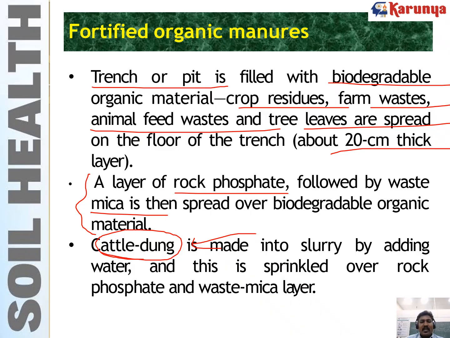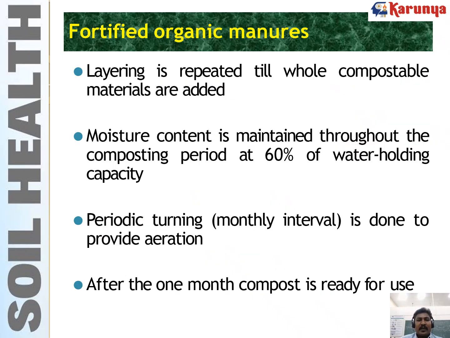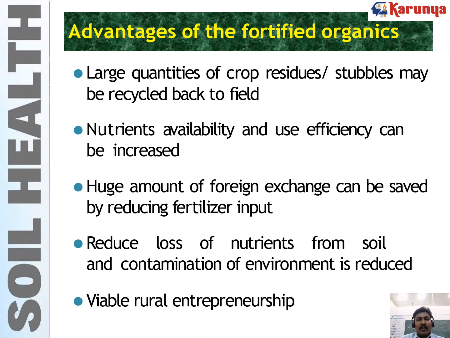Similarly, you can make any number of layers, so that it will enrich completely. This layering is repeated, and the moisture content you have to maintain at 60%, and periodic turning should also be done. After 1 to 3 months, the compost is ready for application with the enriched nutrients.